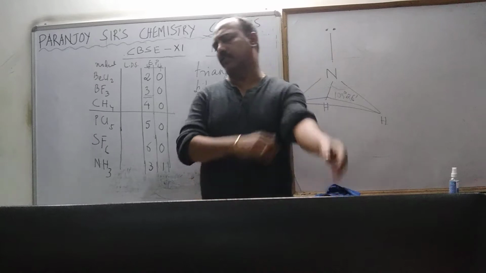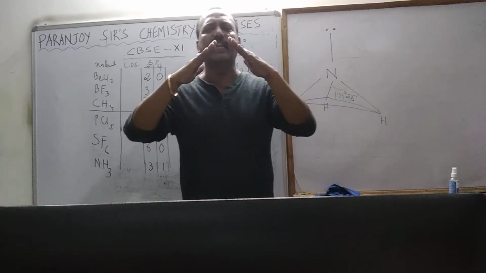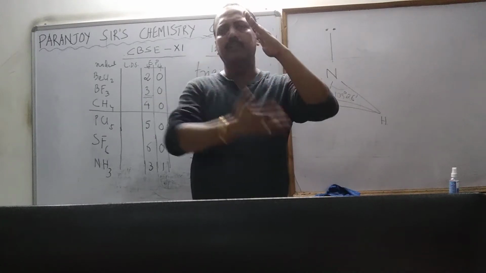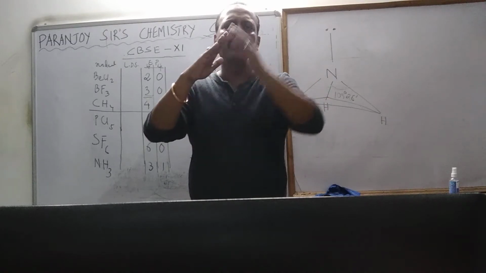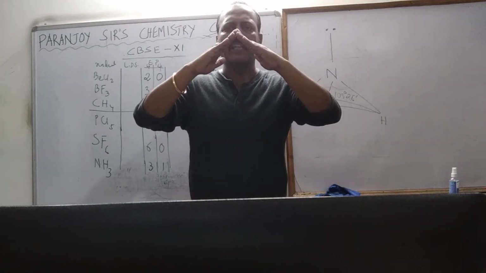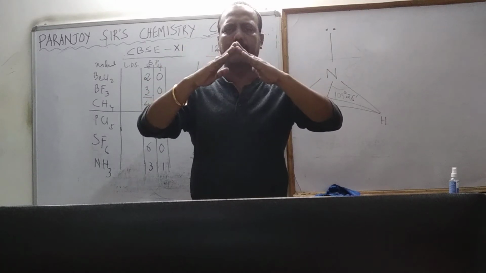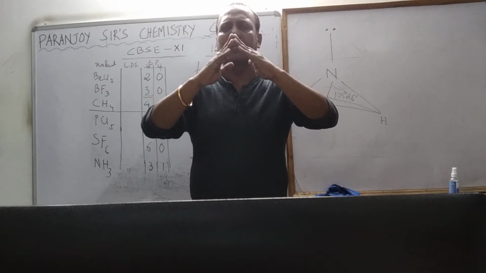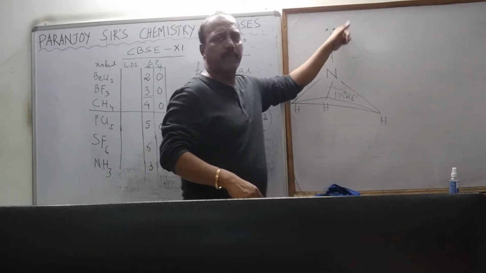Please understand it. I am just taking one angle. This is hydrogen, nitrogen, hydrogen. And the expected bond angle is how much? 109 degree 28 minutes. This nitrogen at my fingertip, what is there?